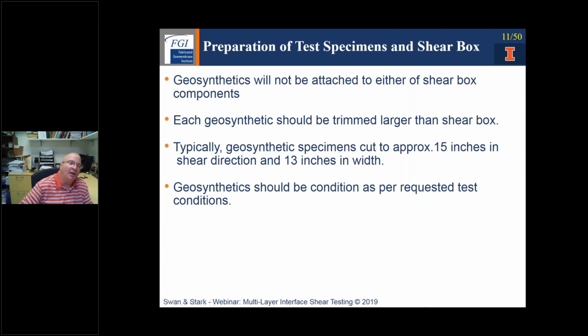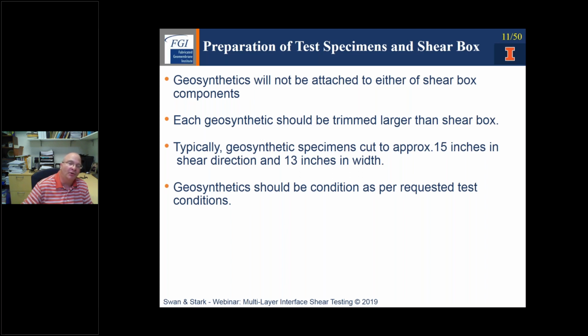So then we basically are going to cut the geosynthetics larger than the shear box because they are going to move. So typically I found the geosynthetics cut to about 15 inches in the shear direction and maybe 13 inches in width. Granted, it's bigger than the 12 by 12 shear box, but it does allow for the shear displacement to occur on whatever interface it chooses.